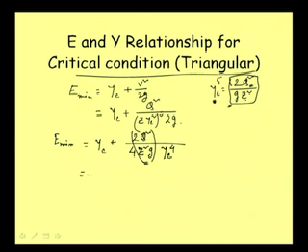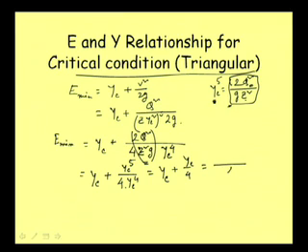So, we can rewrite this expression as yc plus yc to the power 5 divided by 4 yc to the power 4, and this is nothing but equal to yc plus yc by 4. And that we can write as 5 by 4 yc.